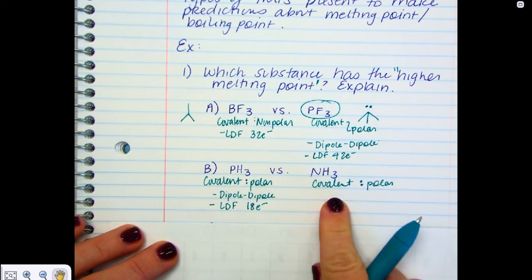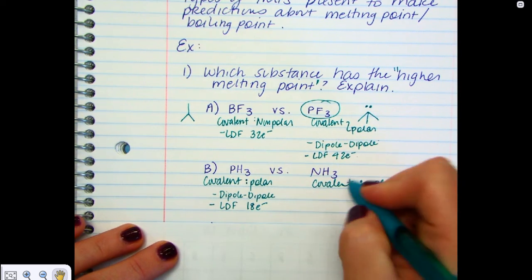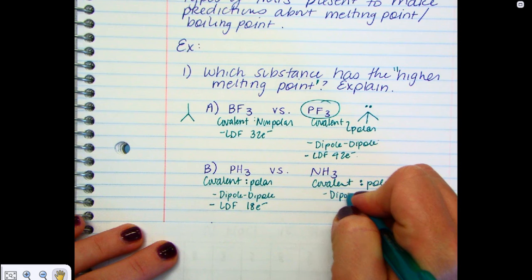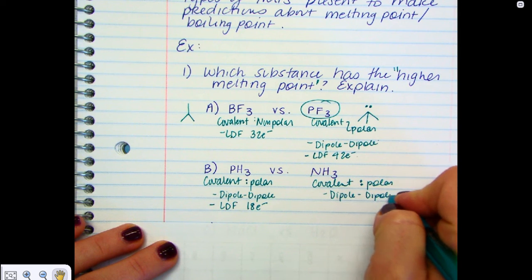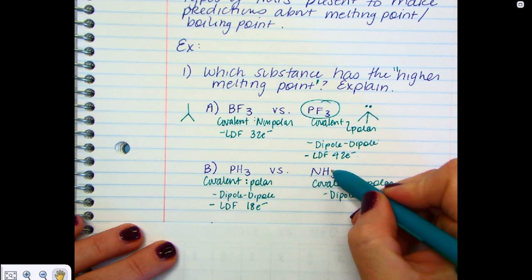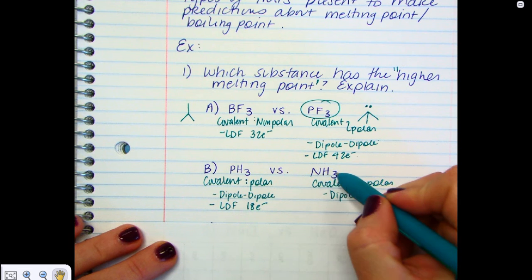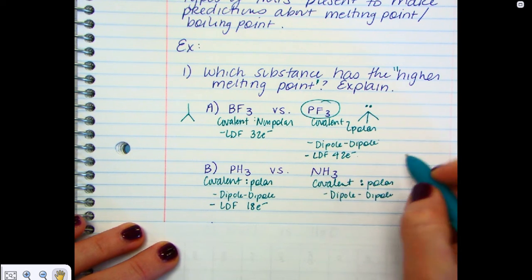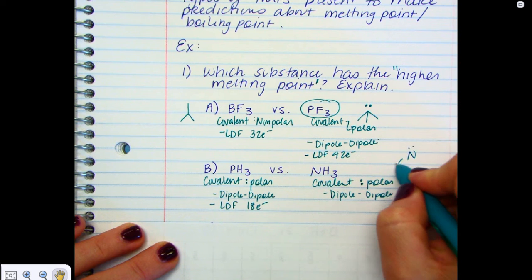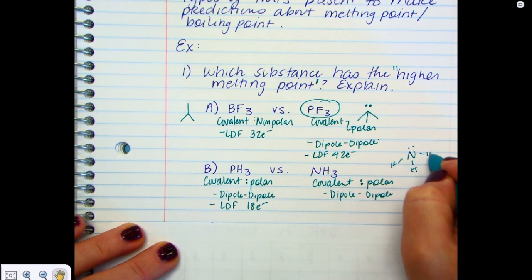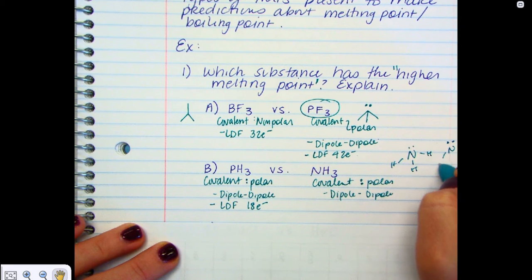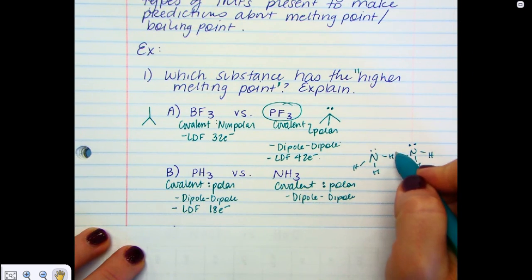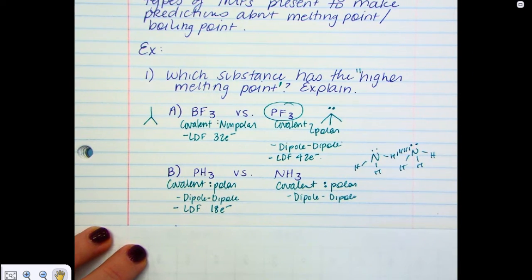Okay, now let's come over here. This is polar, so I know dipole-dipole. All right, hydrogen bonding. I have hydrogen and I have nitrogen. Now remember, it's not the hydrogen that's attached to the nitrogen in the compound. It's if I'm looking at, I'll draw it out real quick, 2 of these molecules next to each other, it's the hydrogen here attracted to the neighboring nitrogen, right?